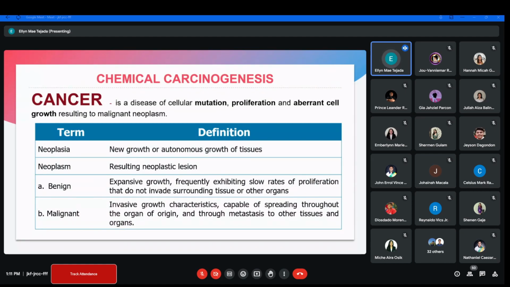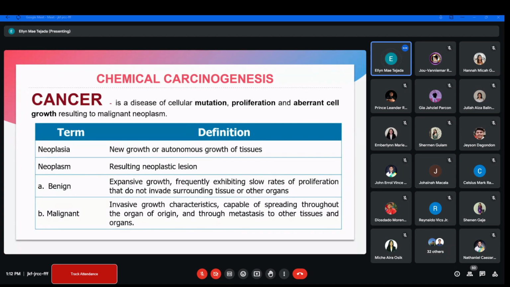Again, can someone of you summarize, in your own understanding, what is the difference between the benign neoplasm and the malignant neoplasm? Based on the definition given, how do you differentiate the two neoplasms? Any of you?